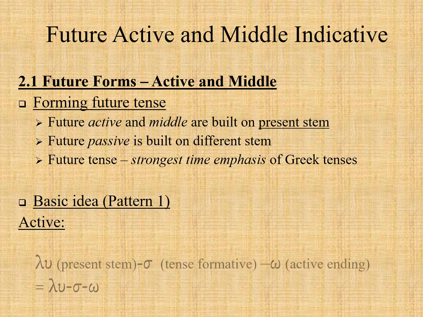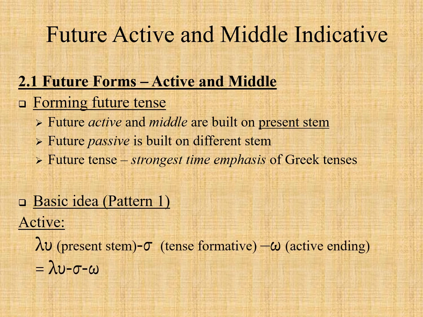So future active. We would use the same way of constructing it as previously. We have the present stem, lu. Then the difference here in terms of future is that we have what is known as the tense formative sigma, that we place before the personal ending.